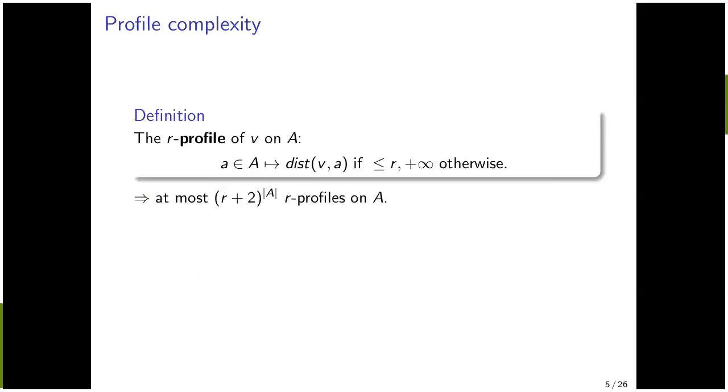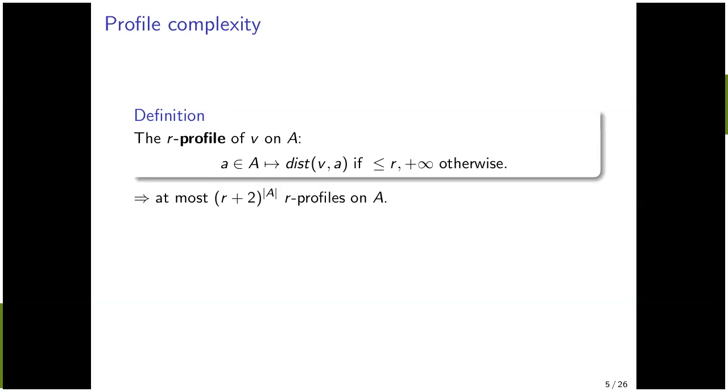Okay, so actually it will be more convenient to work on what I will define as profile complexity. First I define the profile of a vertex V on the set A of vertices. The profile of V on A is a function that maps a vertex of A to its distance to V, if this is at most R, and to plus infinity otherwise.